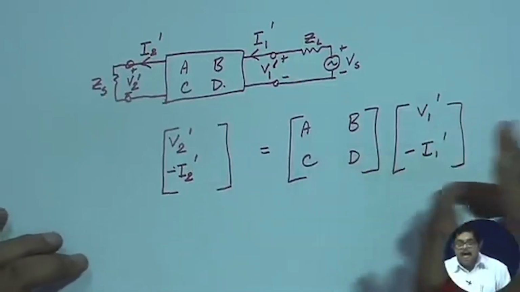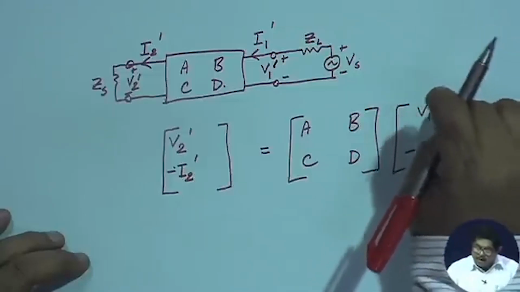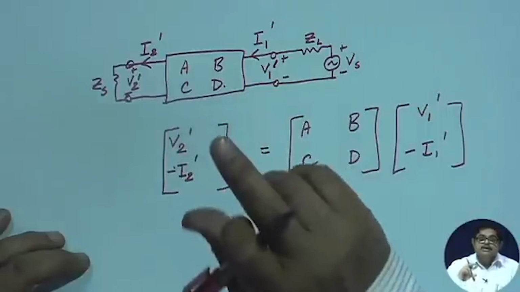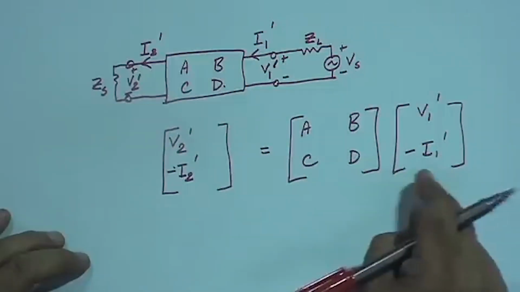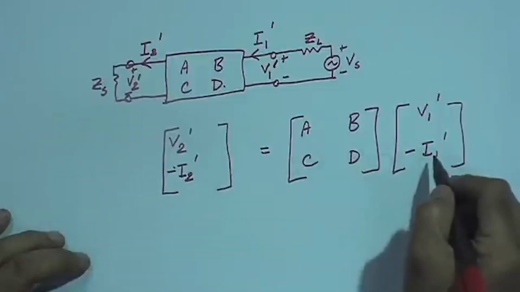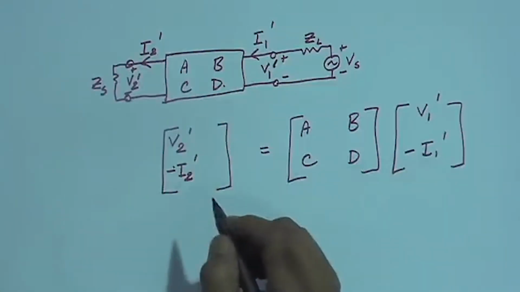In the previous case and this case, the voltages V1, V1 dashed, V2, V2 dashed, their assumed polarities are the same, but the currents are of opposite polarity compared to the earlier case. Since I will compare these two cases, compared to the earlier reference, now my I1 dashed and I2 dashed are negative.